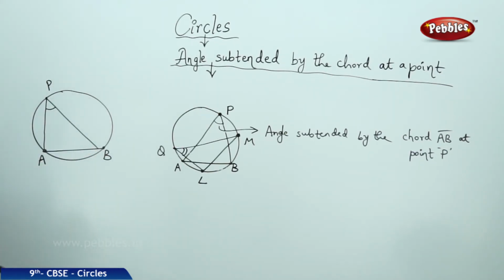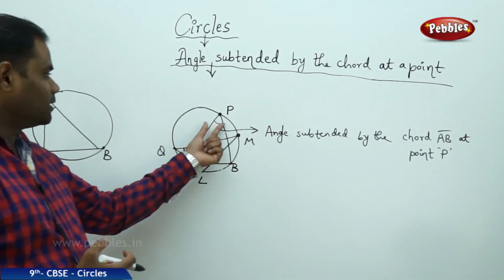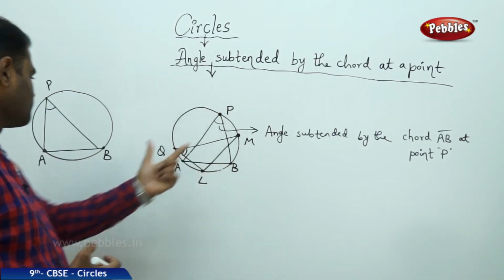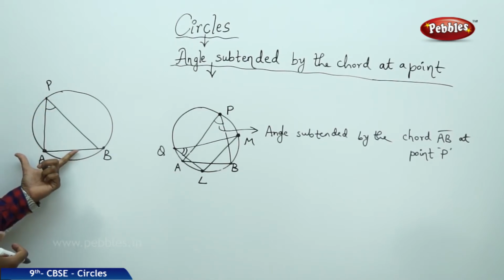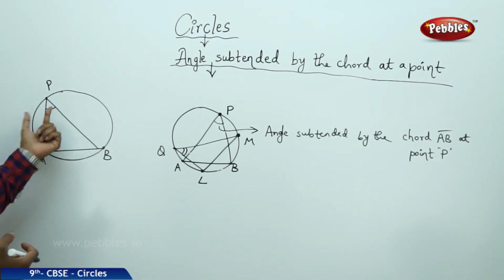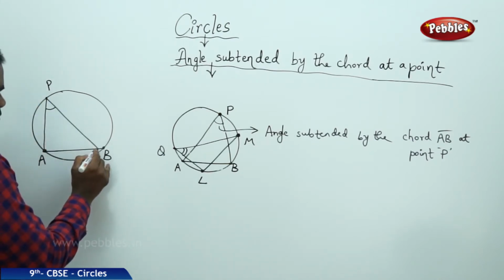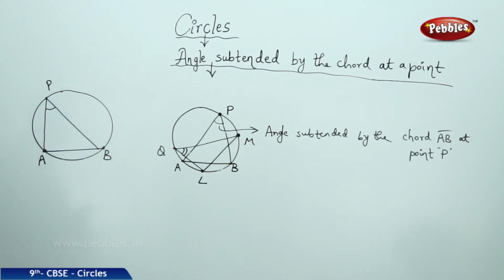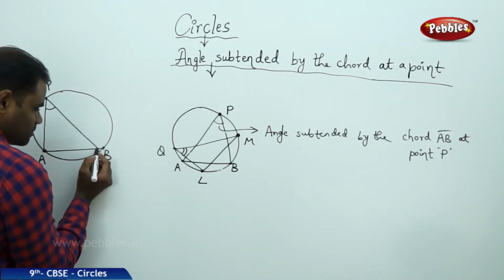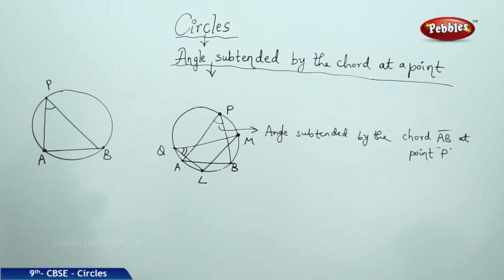Now let's see the difference between the angle made by the chord AB with P and the angle made by a certain distance in the line AB with point P. I clearly see that this angle is not subtended till the right end of the chord, but it is exactly just before the line or the chord AB.